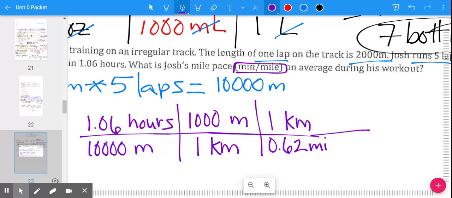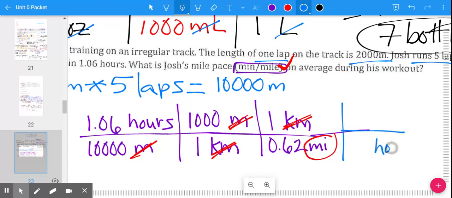So at this point, if we look at our units, we take our meters, meters, kilometers, kilometers, and we're left with miles. Miles is what we want in the denominator. So now we need minutes. We start off with hours. Hours is at the top, so hours is at the bottom. We can compare hours to minutes because there are 60 minutes in 1 hour.